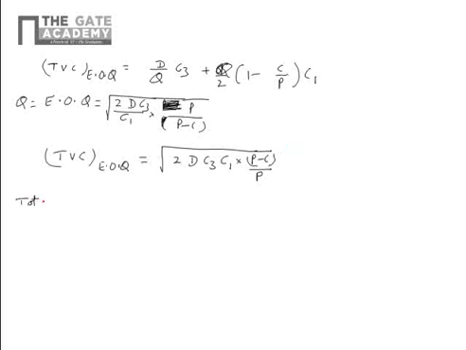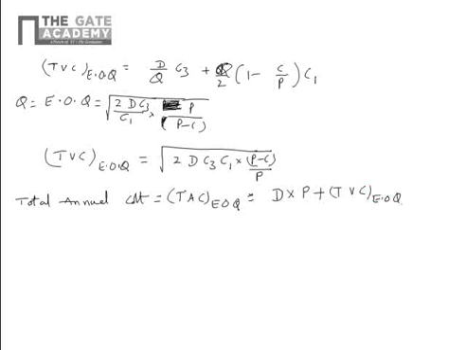Total annual cost, TAC at EOQ, is equal to demand into price of the item plus TVC at EOQ. But here the fixed cost also will vary, so you have to be careful.